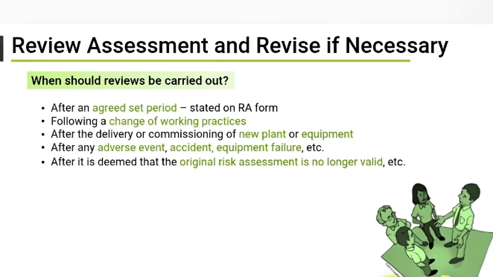If circumstances change in a way that renders the original risk assessment no longer valid or relevant, a review should be conducted to address the new risk factors. By conducting regular reviews in response to these circumstances, organizations can adapt and enhance their risk management strategies, ensuring the ongoing safety of their work environment and the individuals within it.